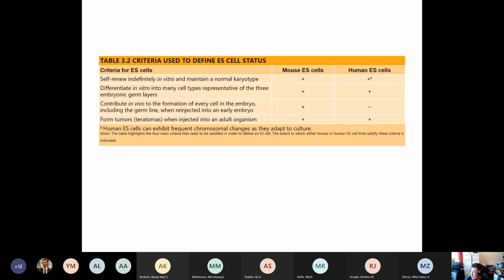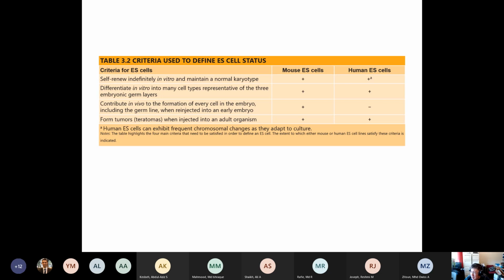That's why you need to at least demonstrate that ability, because you can't demonstrate the full potential. It's impossible. And then the third criterion is contribute in vivo to the formation of every cell in the embryo, including the germline, if you inject that into early embryo.